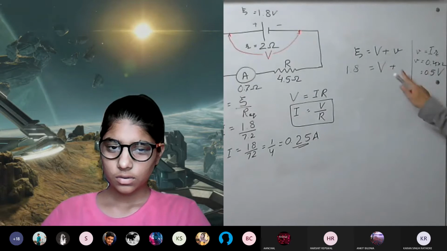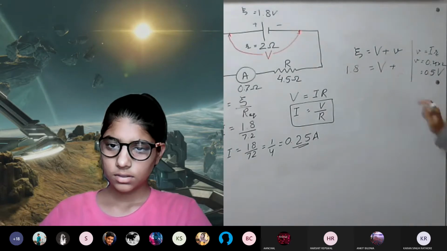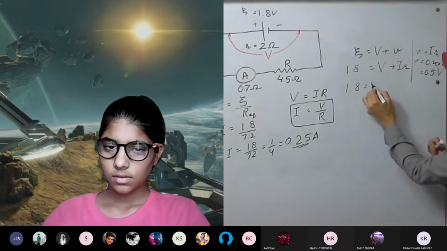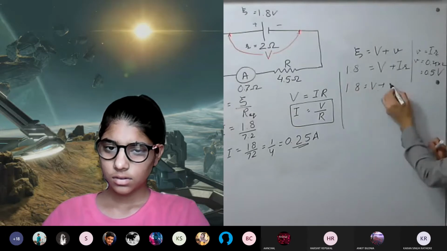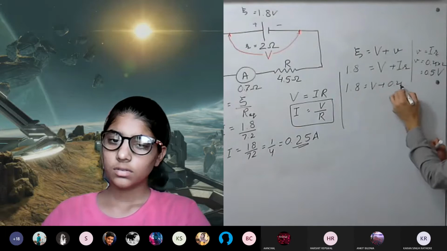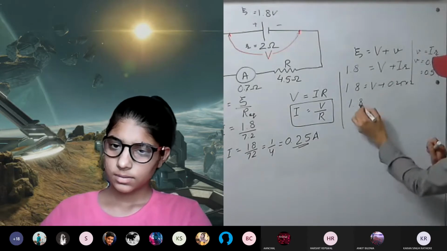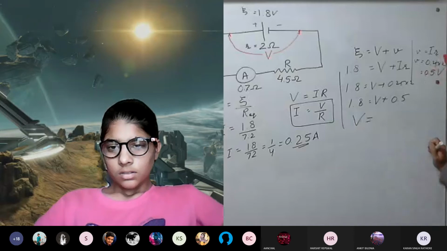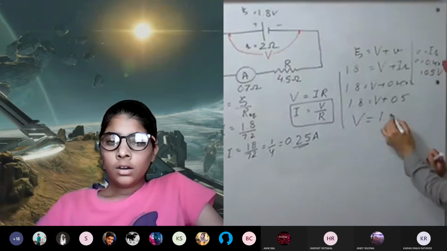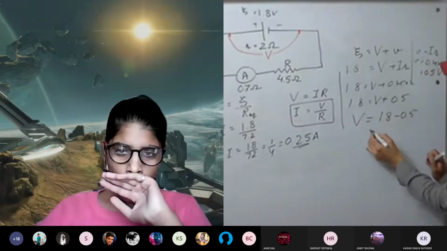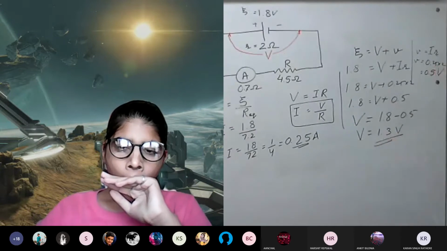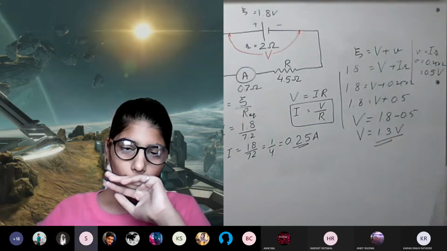So 1.8 equals V plus 0.5. Terminal voltage equals 1.8 minus 0.5. How much is it? 1.3 volt. Have you understood this one?